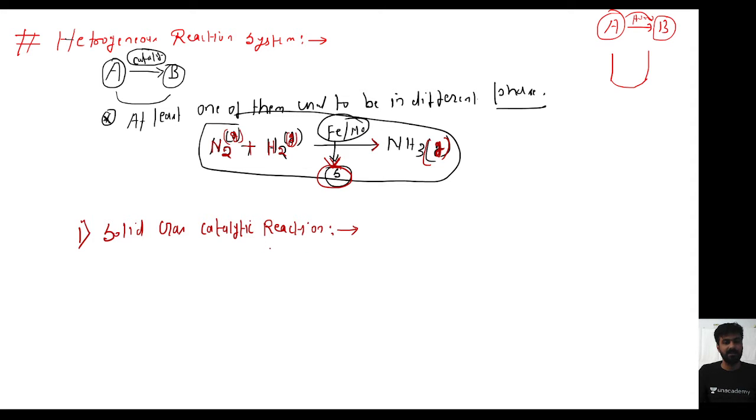So solid gas catalytic reaction. Okay. So here, my dear student, generally what we define as rate of reaction is equal to minus 1 upon V dNA by dt.